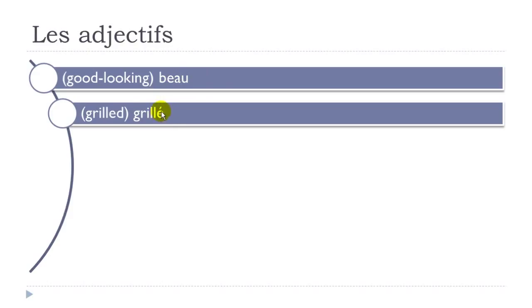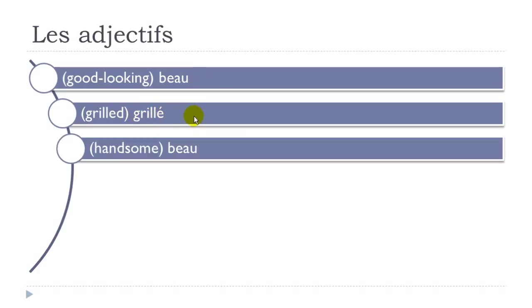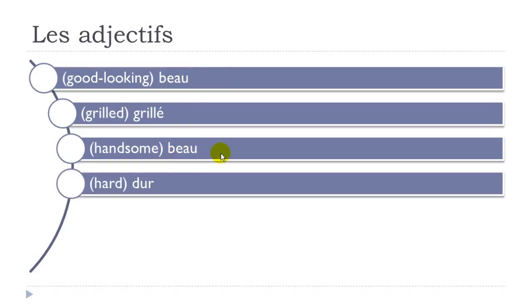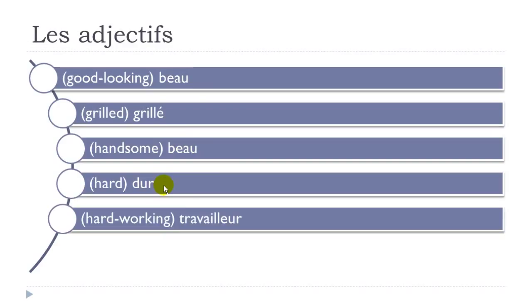Grillé. Okay, at the end you've got this E, and then remember double L after E. Y. Grillé. Beau. One more time. Dur. Travailleur. Okay, remember double L, y, and then E-U-R, heure.